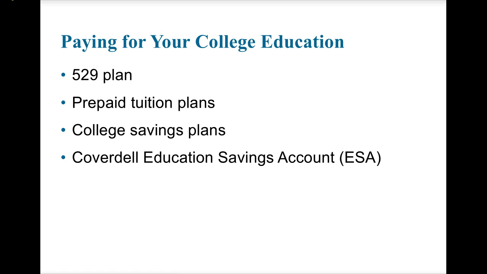This could be something that a parent, a guardian, or a grandparent can set up. Among the biggest advantages of these 529 plans over other college savings options are the tax advantages they offer. Earnings grow tax deferred, and withdrawals are tax free when used for qualifying expenses.